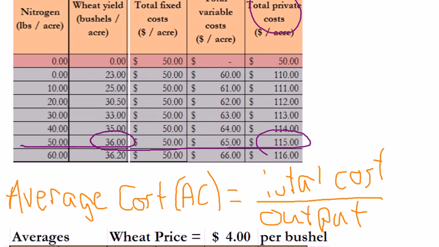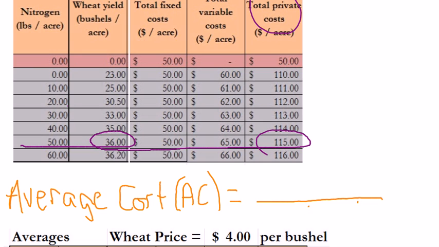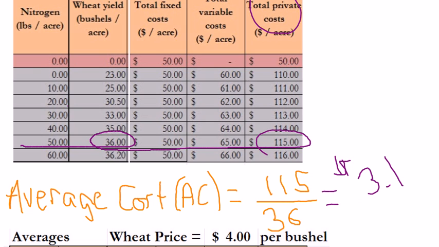And if we do this for the case where we're harvesting 36 bushels per acre, this means we're going to take our total cost of $115. We're going to divide it by our output, which is 36 bushels per acre, and that's going to give us a cost of $3.19 per bushel.